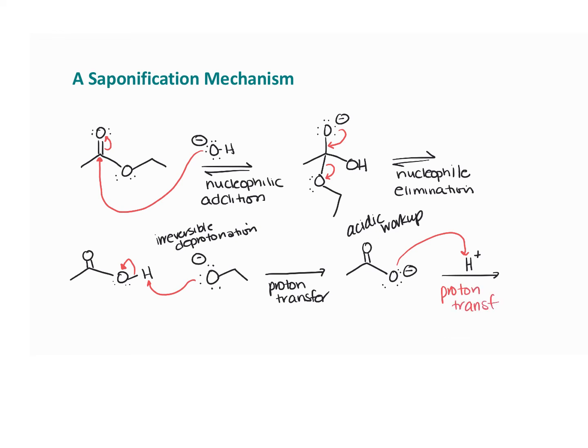I know it seems weird to do a proton transfer and then another proton transfer, basically getting to the same thing. But you need to remember, mechanisms represent what we know is happening in the reaction. At the end of this reaction, there's an irreversible deprotonation, and you have to do the acid workup to protonate that as a carboxylic acid.